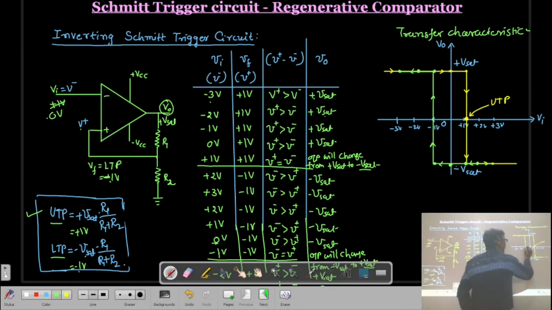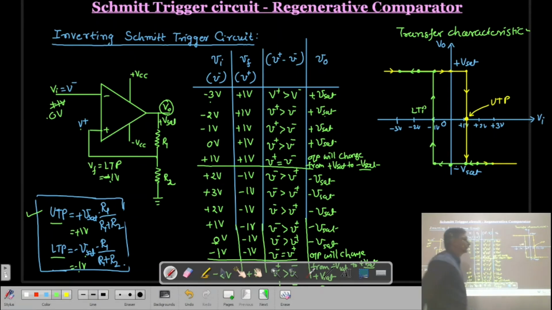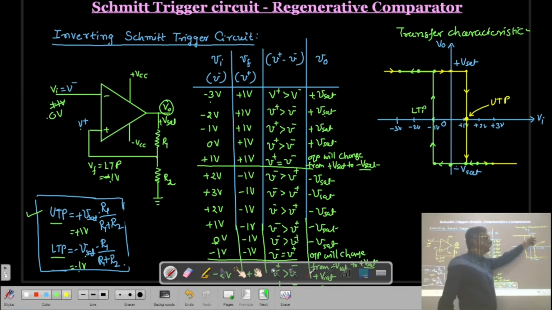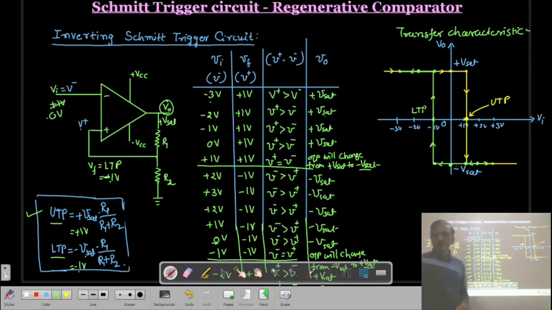This point is my LTP. So here you can see whenever your input voltage is crossing the UTP or LTP, we have a kind of transition in the output of the circuit.